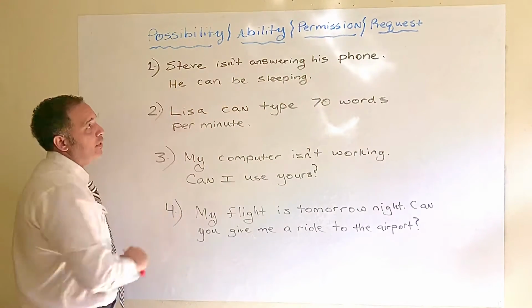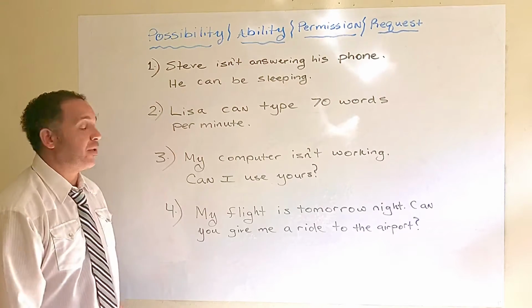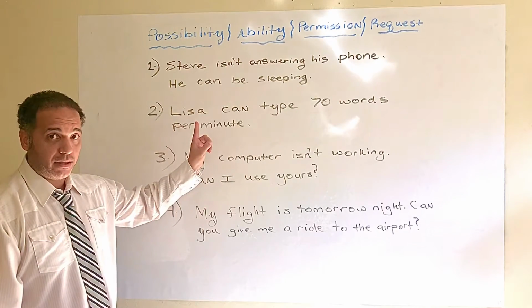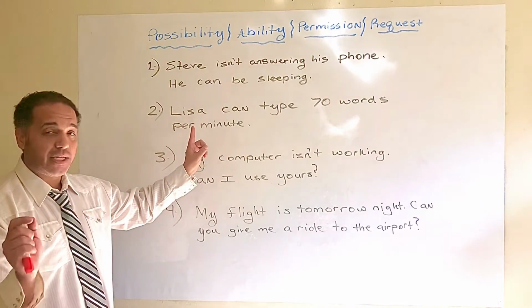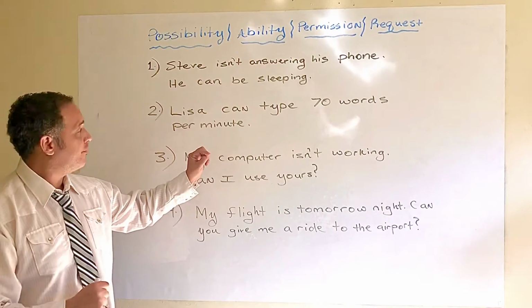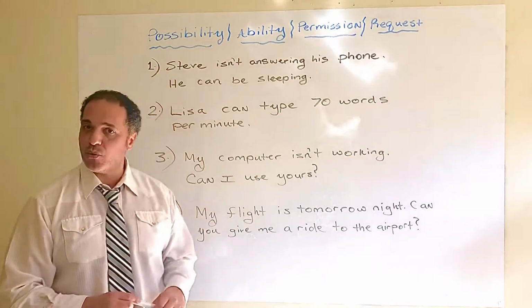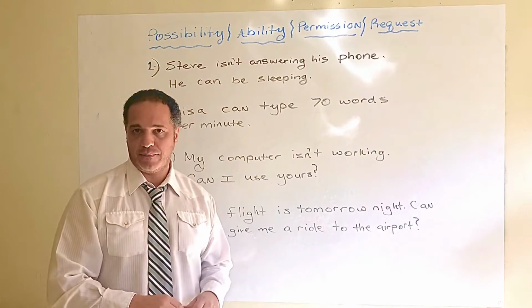All right, number 1, Steve isn't answering his phone. He can be sleeping. Number 2, Lisa can type 70 words per minute.